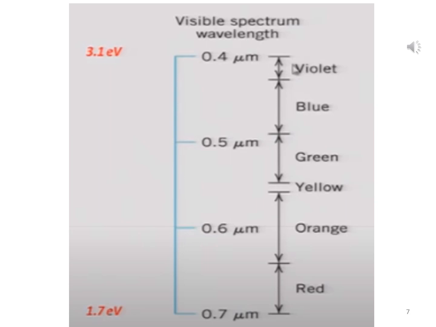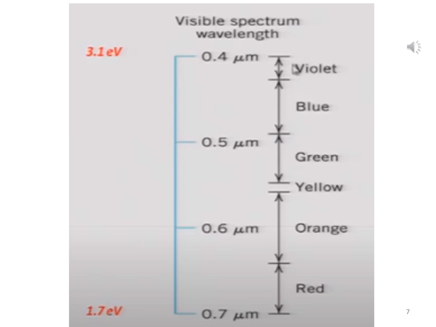And the corresponding energy for 0.4 to 0.7 micron is 3.1 electron volts to 1.7 electron volts, and this whole region is the visible region. So this energy is for different band gaps, and if the band gap is 1.7 electron volt, the color you may see is red.